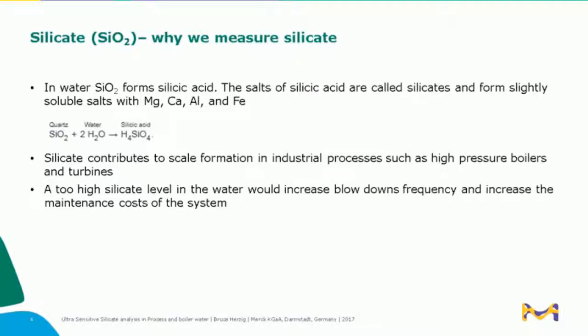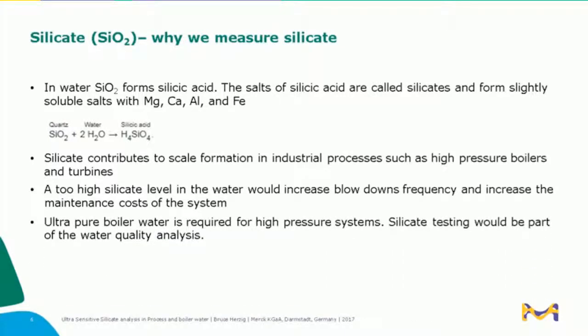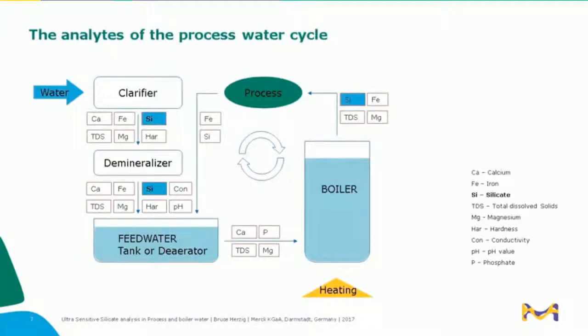Too high of a silicate level in water would increase your blowdown frequency and increase maintenance costs as a result. Ultra-pure boiler water is required for high-pressure systems. Silicate testing is part of water quality analysis for these systems.